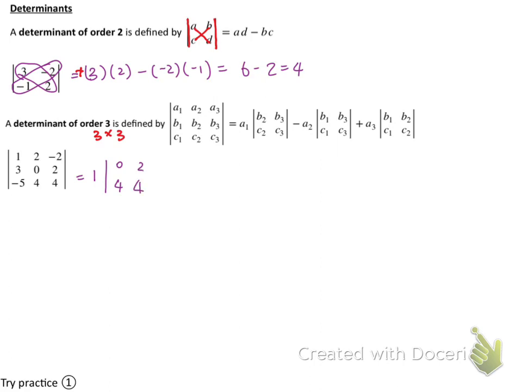I like to copy the things by column because you are taking away the first row, so you are looking at the second and the third row anyway. So you are copying downward. That's why I prefer to copy the second column: the 0 and 4, then the 2 and 4. I don't like to do it horizontally. But if you prefer the other way around, I don't mind.